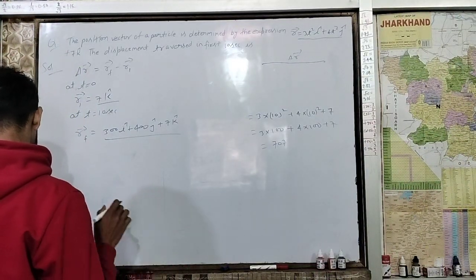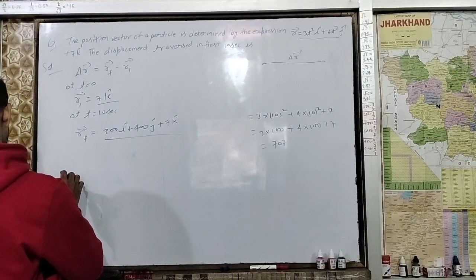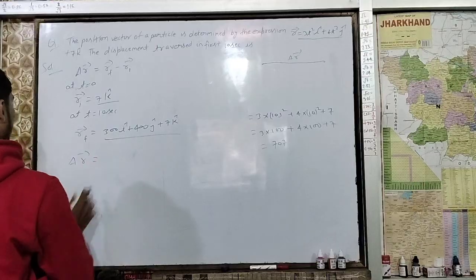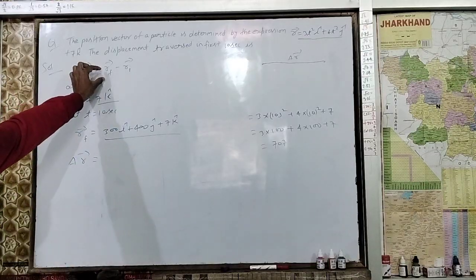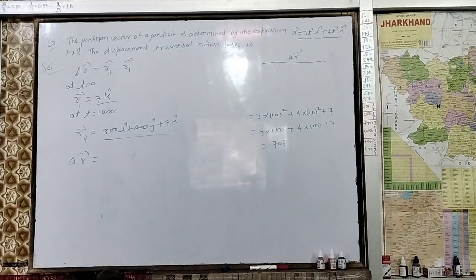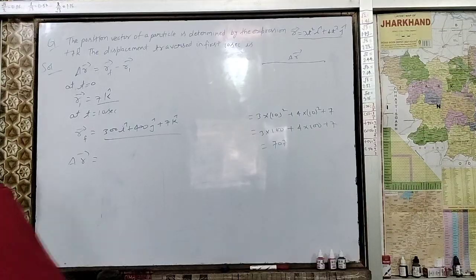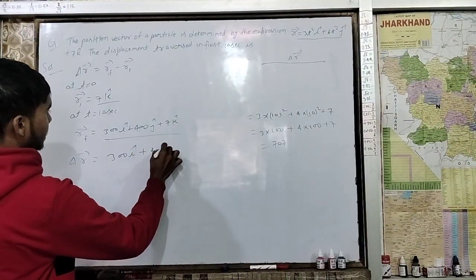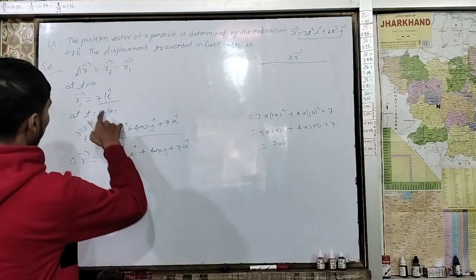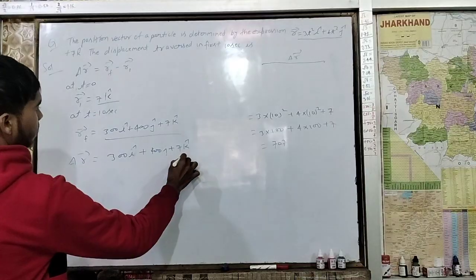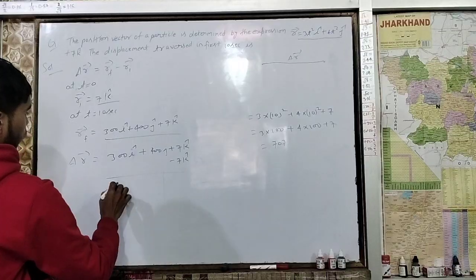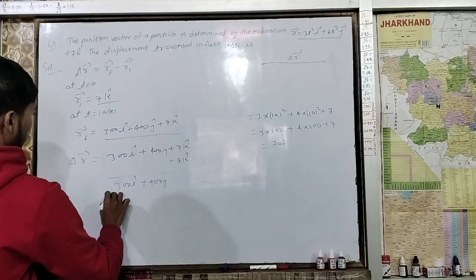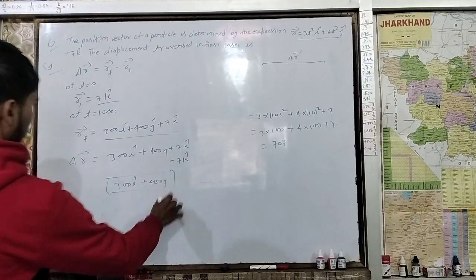Total delta r. To calculate delta r, we have this simple formula: final position vector minus initial position vector. So finally we got 300 i cap plus 400 j cap, which is total.